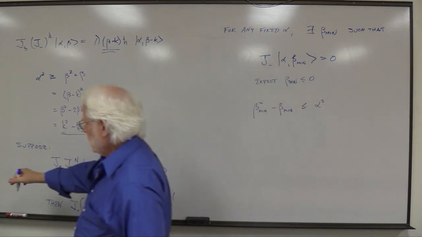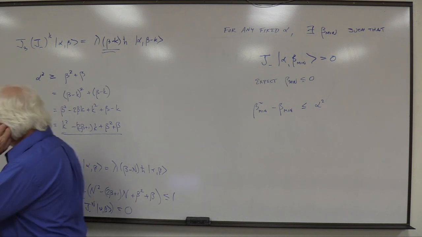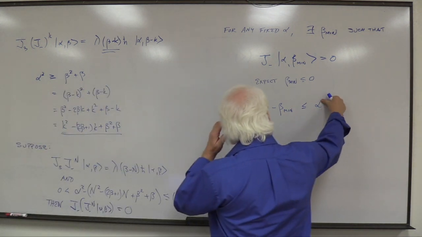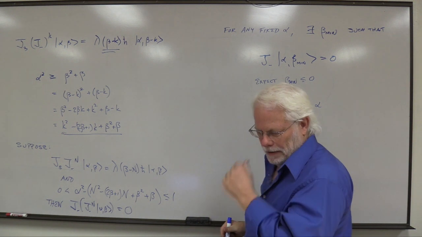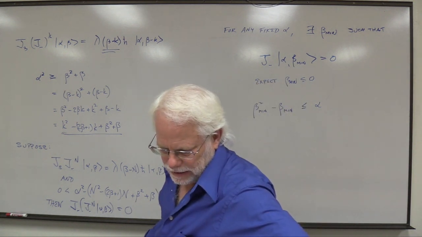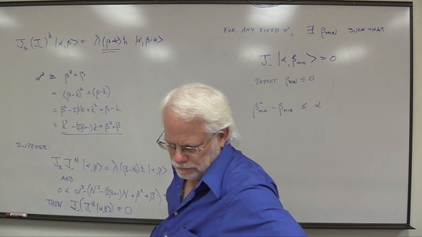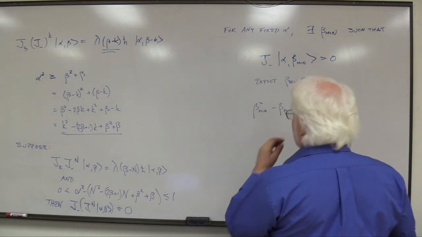Where did you get the square? I'm looking at this one, beta squared. So put beta min in here. Oh, yeah, because beta min is related to alpha. Okay. Now let's see if we work this the other direction.